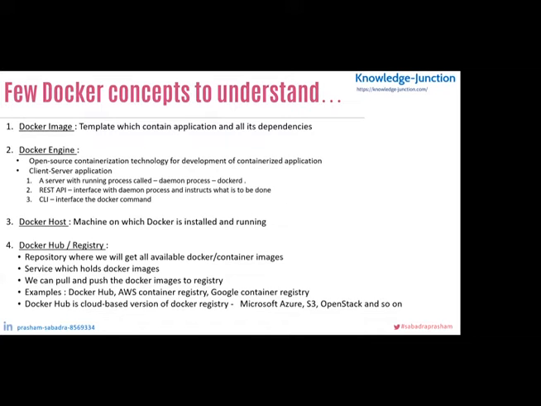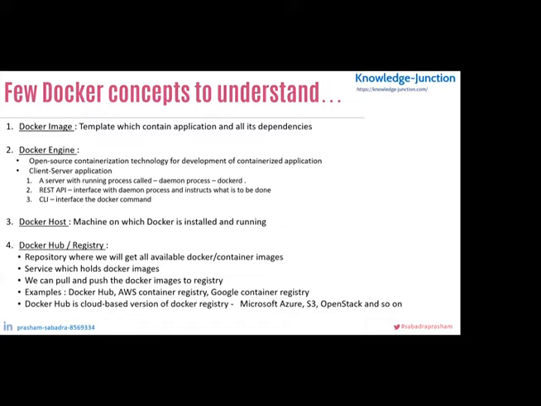And then one more important concept is the Docker registry. It's nothing but a list of Docker images, which are the templates to create containers. We need a place to keep those images, and we call it a registry. We could have either a private registry or a public registry.